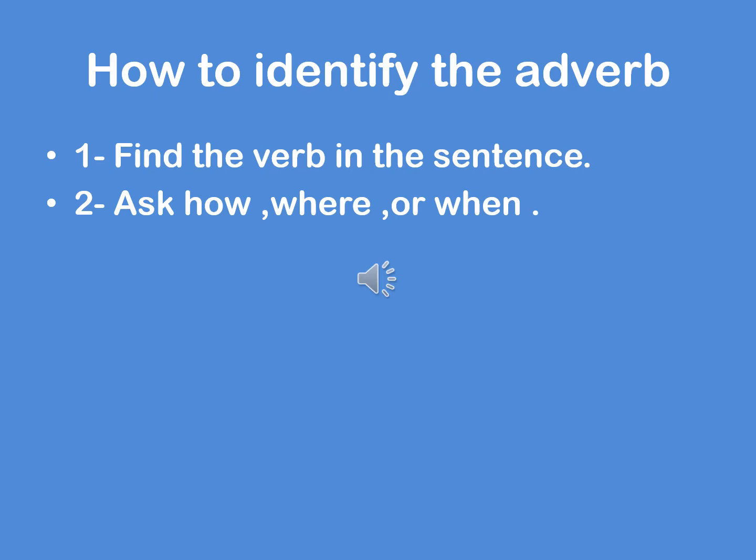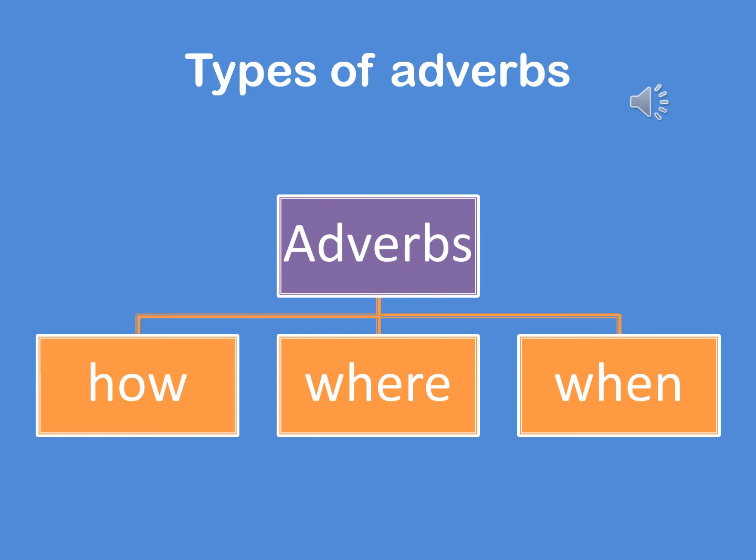Or where or when did this happen? We have three types of adverbs. Number one, adverb that tells how something happens. Number two, adverb that tells where something happens. Number three, adverb that tells when something happens.